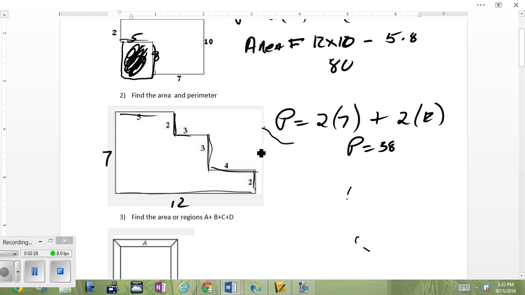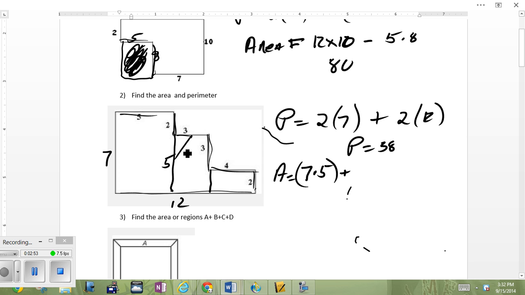And in the area, well, to find the area, there are a couple of ways you could do it. You could break it up into boxes this way and say the area is going to equal one box, which is 7 times 5, plus another box. If this length is 7, this length here is 5.